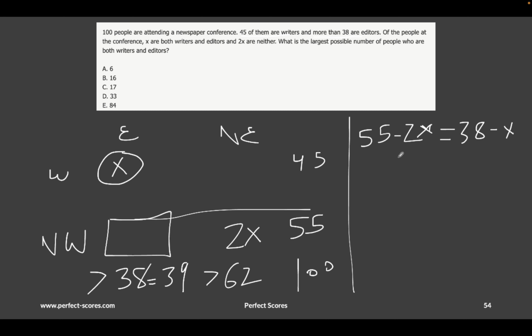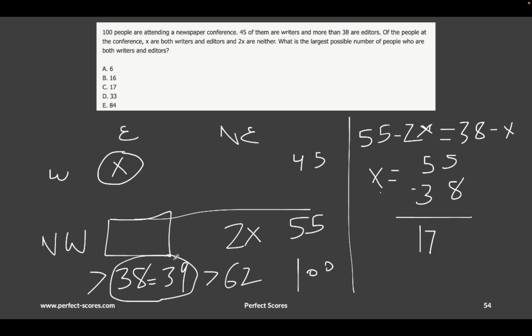So if I solve this, 2X goes this side, 38 goes this side, X is actually going to be equal to 55 minus 38, right? So if I solve this, this one is going to be 17. Now there's a trick to the question. 17 is not the answer, because this has to be greater than 38.